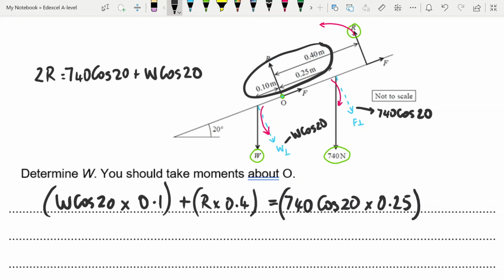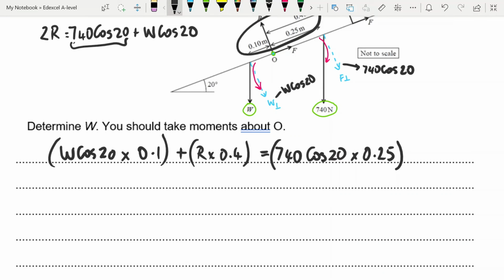Now we'll stick a pin in that for a moment and put it in later, because let's clean this up a little bit, get rid of the cosines before we start substituting, and also calculate what that is so that it becomes easier to insert. Cos 20 times 0.1 is 0.094 times W plus, now we're going to put in for our R, 740 cos 20 plus W cos 20 multiplied by 1/2.